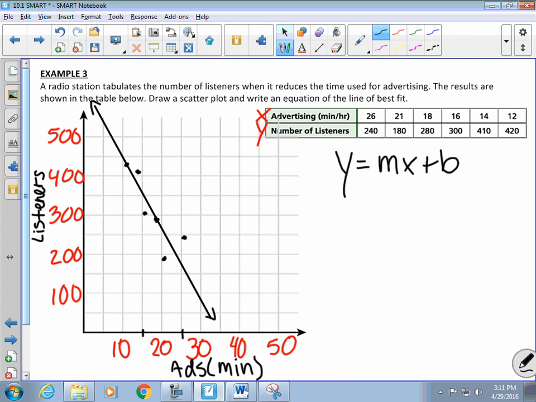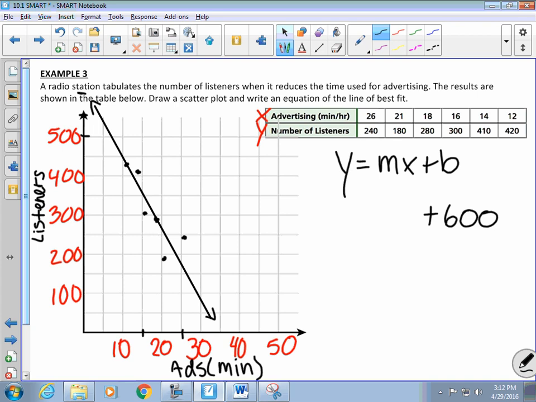So if I have 500 here, I know 550 is about here. And then 600 is about here. And if I were to extend that line backwards, that would hit just around 600 or 610. And so my y-intercept, I'm going to put at approximately 600 people.